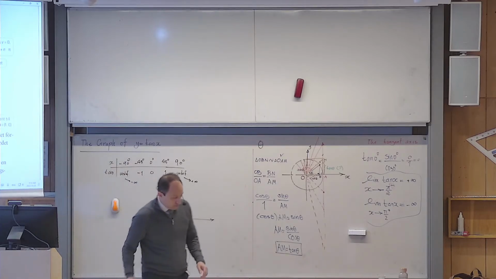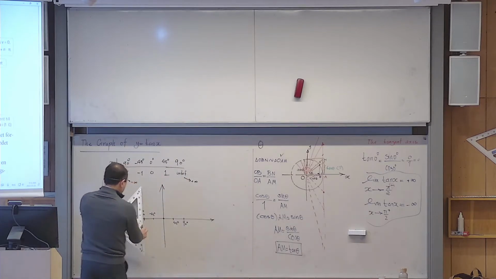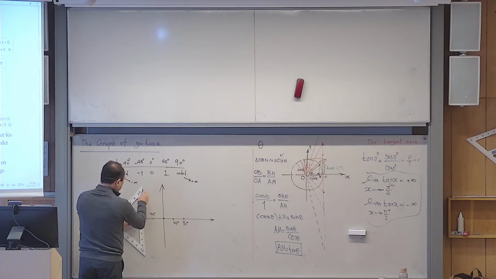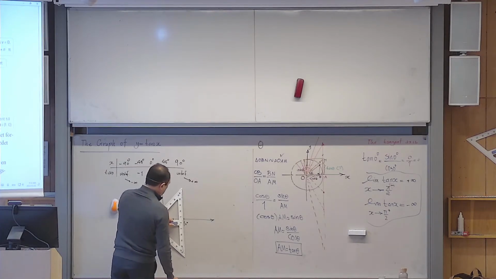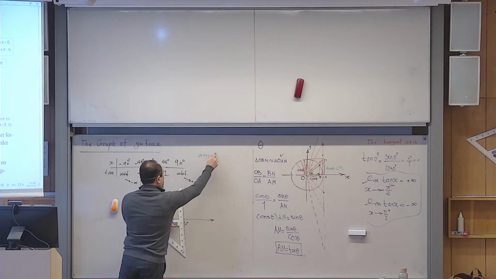Usually, of course, GeoGebra doesn't draw these extra lines, but I prefer to draw them with dashed lines to indicate that the tangent is not defined here, and it is not defined here either. We will study these lines later. These are called asymptotes.